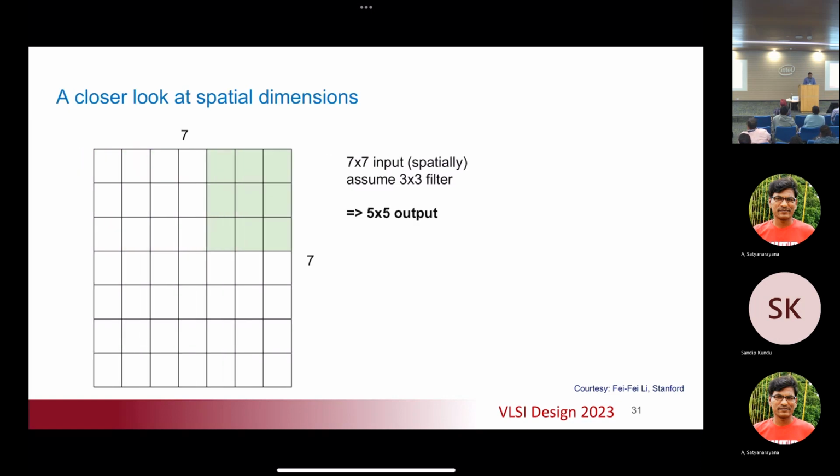Then I'm going to shift it all the way. And when I shift it like this, starting with a 7 by 7 input, I'm going to produce a 5 by 5 output. Okay. Now for each output, so how many outputs am I producing? 25. For each output, how much computation am I doing?